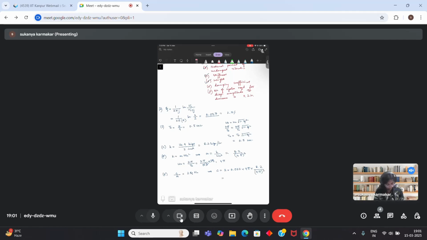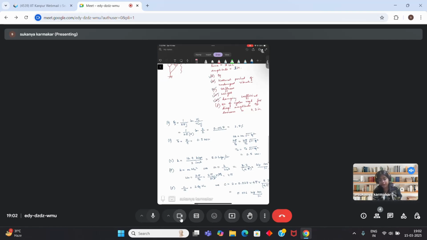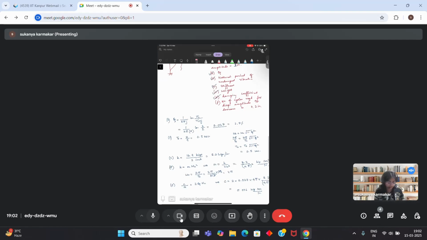So this will come out to be 0.036 kip second per inch. And this should be done. Then can you tell what is the number of cycles required for the displacement amplitude to decrease to 0.2 inch?